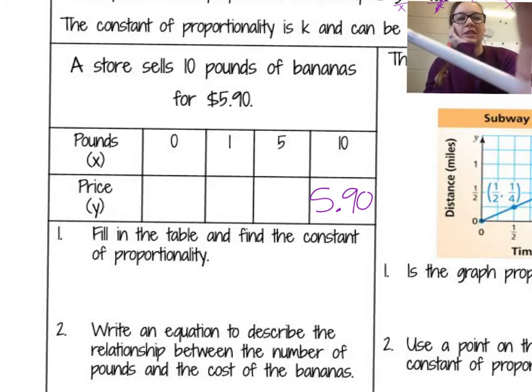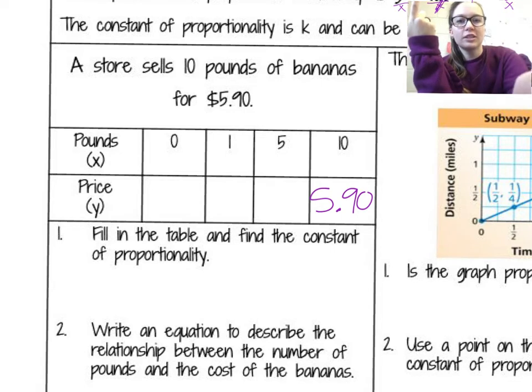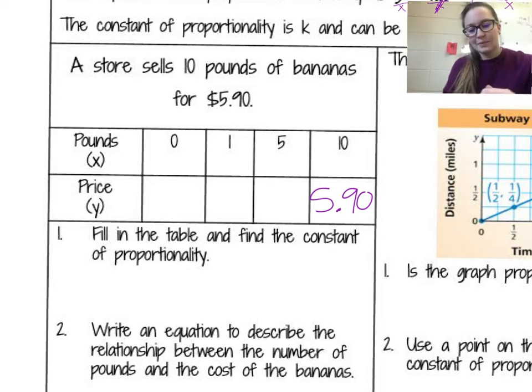So, kind of using our ratio table knowledge, from 10 to 5, I would divide by 2. So from 5.90 to this spot, I'm also going to divide by 2. So I'm going to take 5.90 divided by 2, which is $2.95.